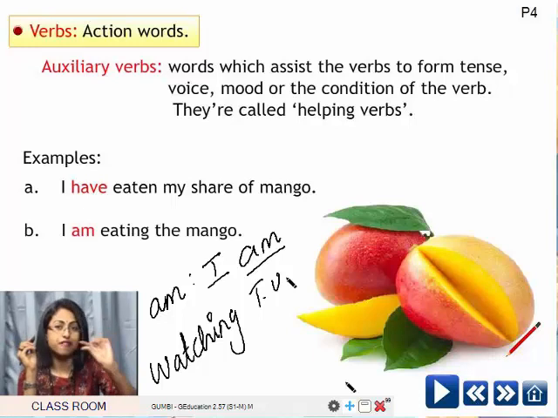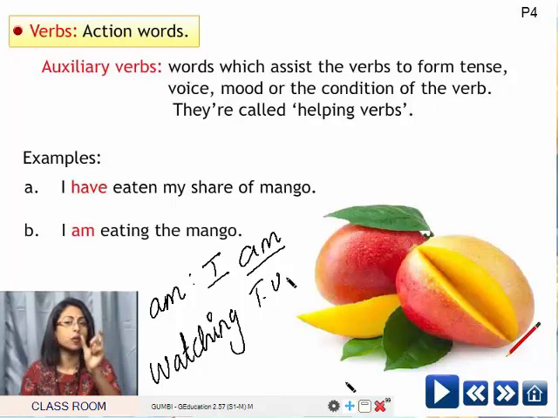Students, watching here will be your verb. So what you're doing is you're watching the TV. So the helping verb that I'm using here is am. I has watching TV. No. I is watching TV. Incorrect. The correct way would be I am watching TV.